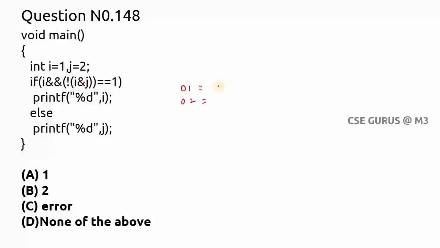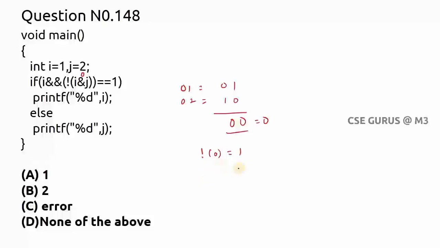First I'll convert 1 into binary, that is 01, and 2 into binary, that is 10. Now if I do the AND operation, 1 and 0 will be 0, 0 and 1 will be 0. So the answer is 0. So what is the i and j value? 0. Not of 0 will be 1, not of 1 will be 0, and not of any non-zero is also 0.